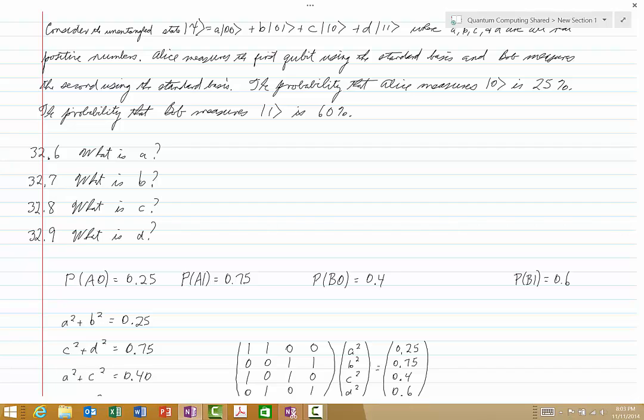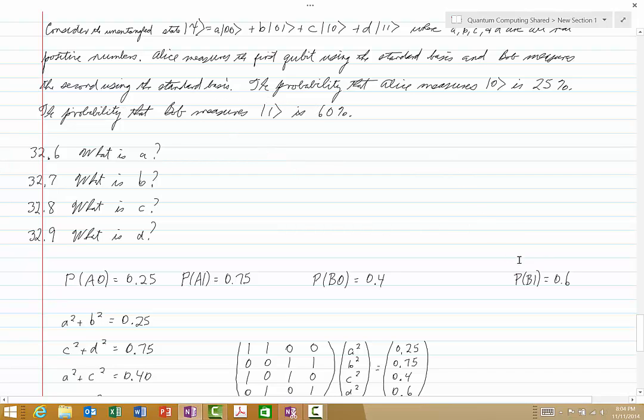Now, again, we used the fact that the probability that Alice measures 0 is 25%. That's right here. And from that, we deduced P of A1 is 75%. The probability that Bob measures 1 is 60%.